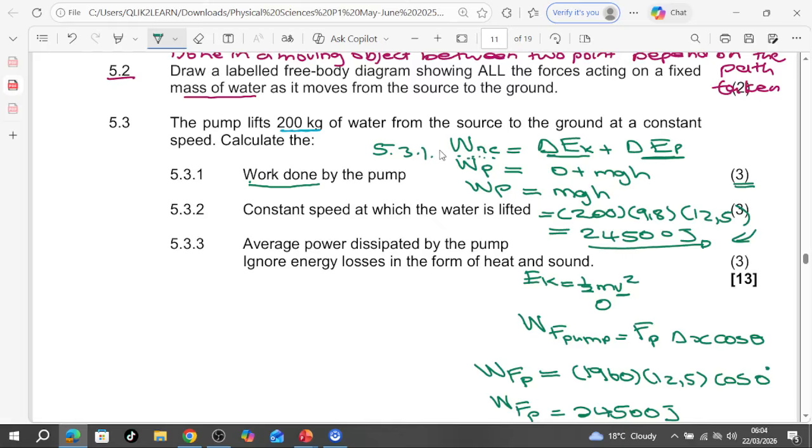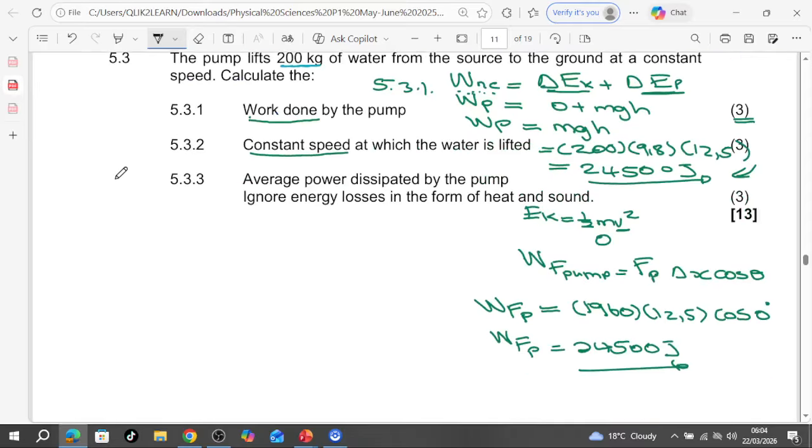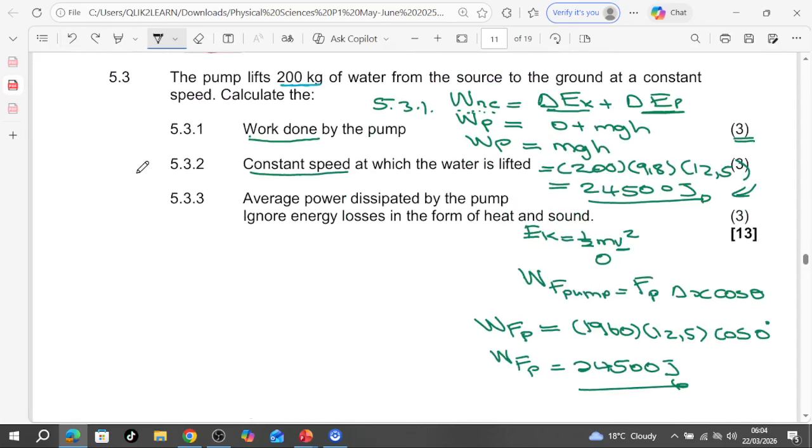Next, calculate the speed at which the water is lifted. They want us to find the speed, the constant speed. I think if you go back to grade 10, when you were doing waves, vector, in grade 10, we said that the V, why are they asking something like this?